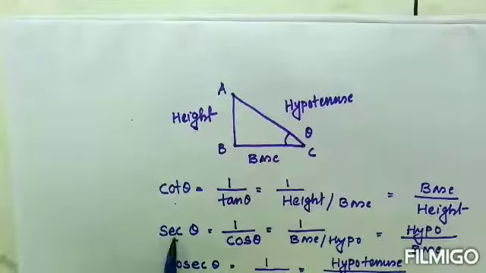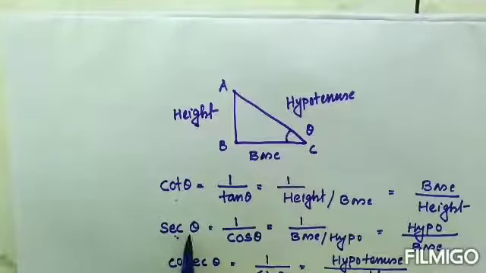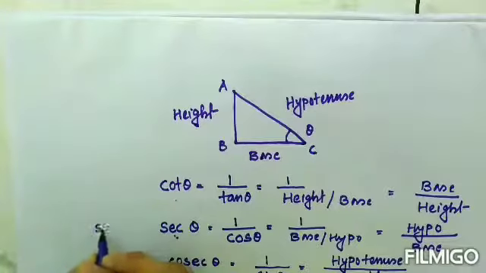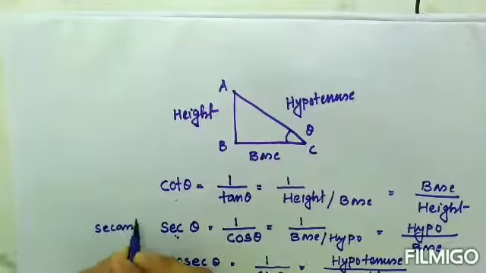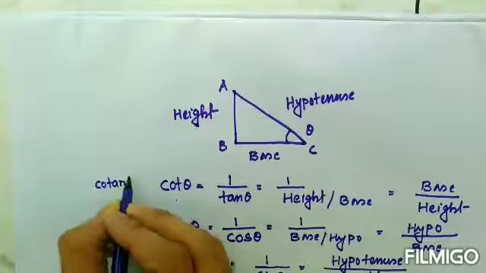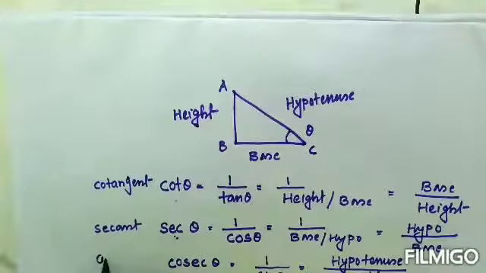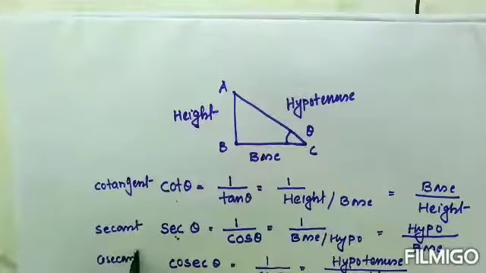Similarly, the next one is sec theta. The full form of this one is secant. I am writing here secant. Here it is cotangent. Here it is cosecant.